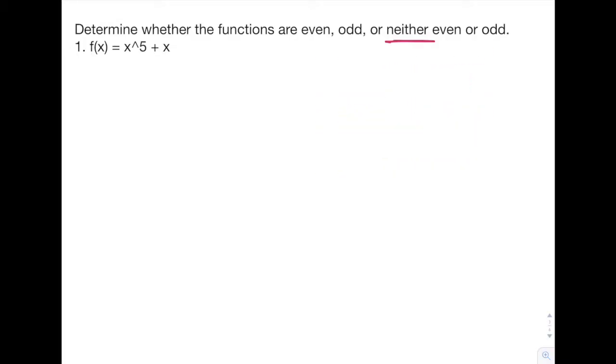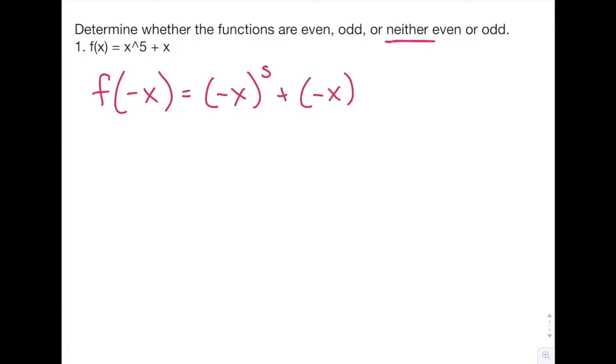So for this first one, we take negative x and plug it into x to the fifth plus x. So we get negative x to the fifth plus negative x. And negative x to the fifth is negative x to the fifth, and then plus negative x is minus x. So we get negative x to the fifth minus x.